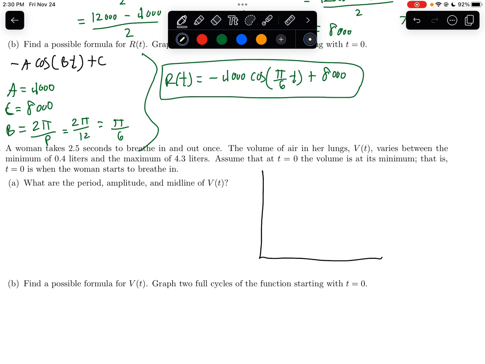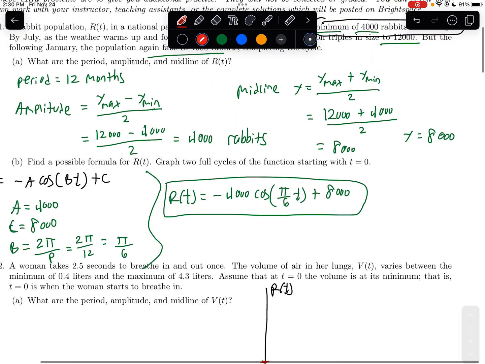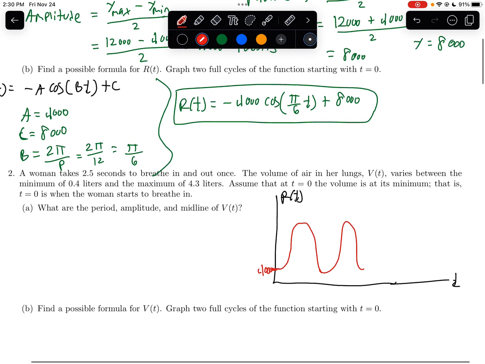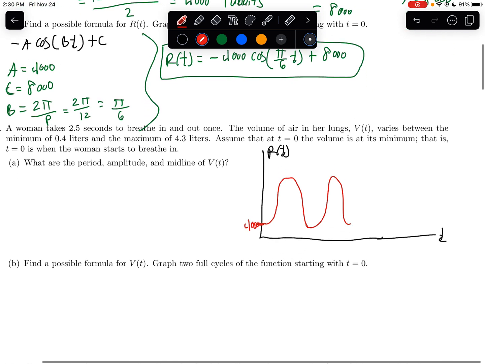So the graph here, r of t versus t. Your minimum value here is at 4,000. That's the intercept. So your function starts here and goes up and comes down, and then goes up and comes down. We're doing 2 full cycles, so that's sufficient. The maximum value is at 12,000.